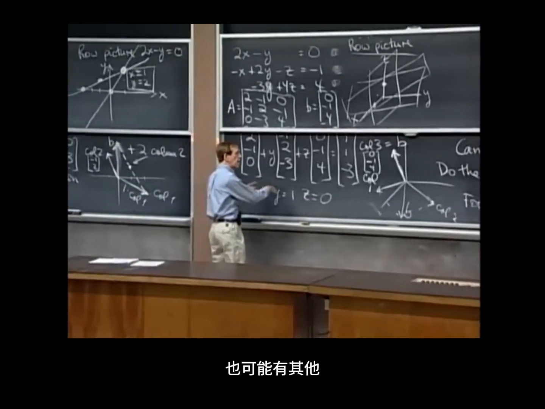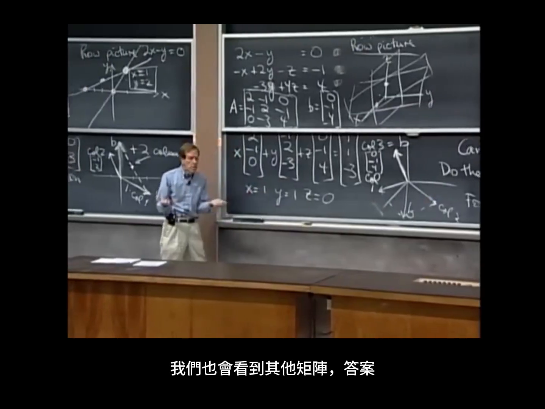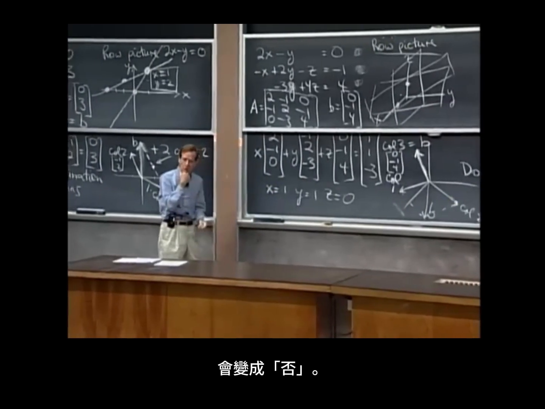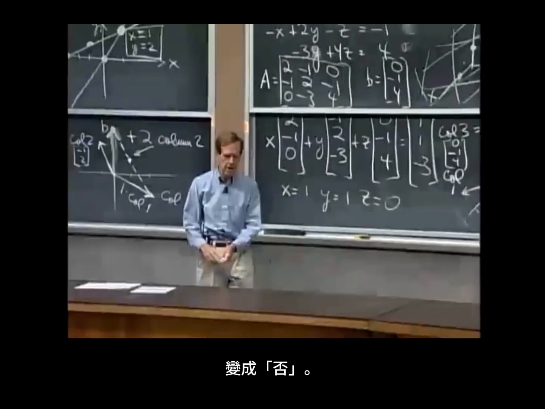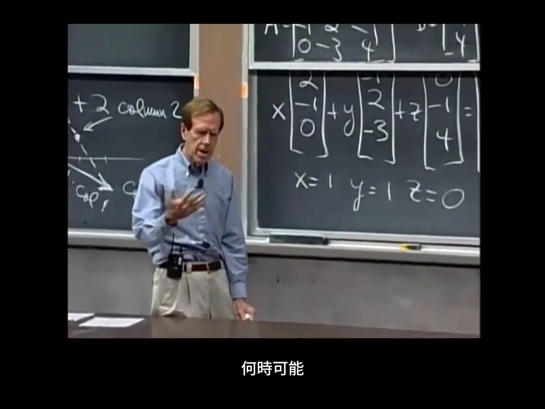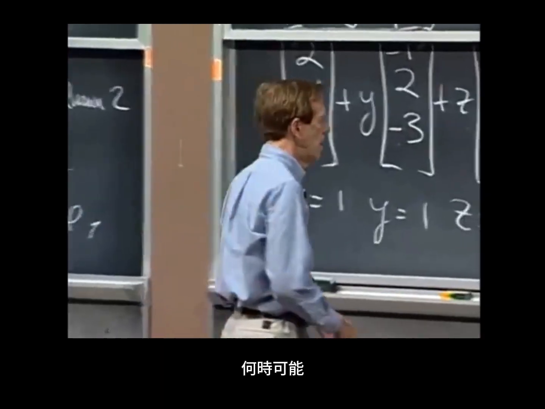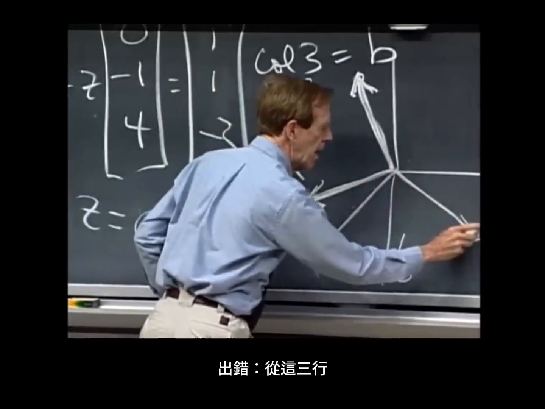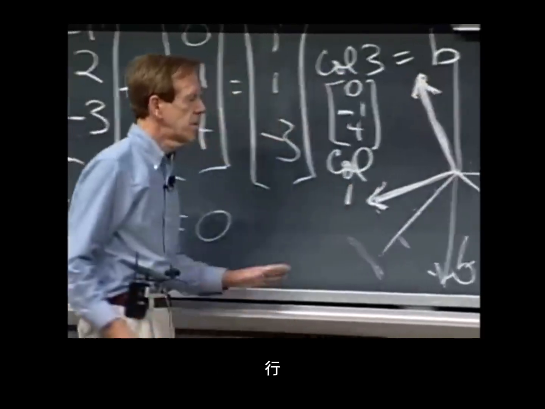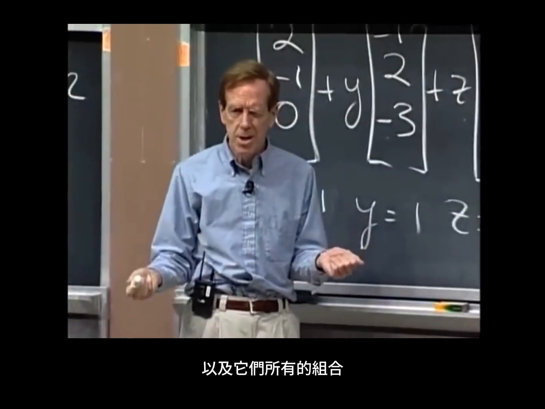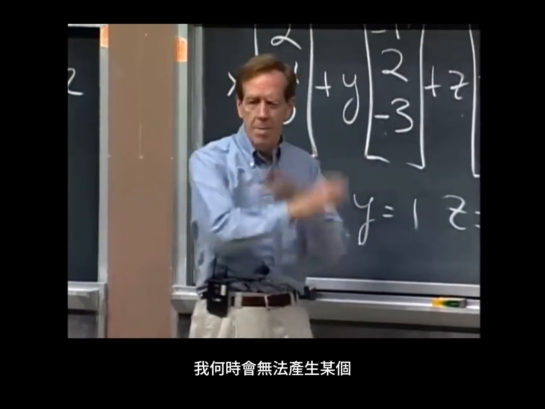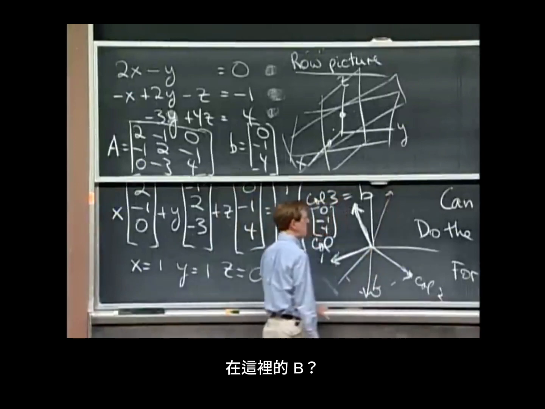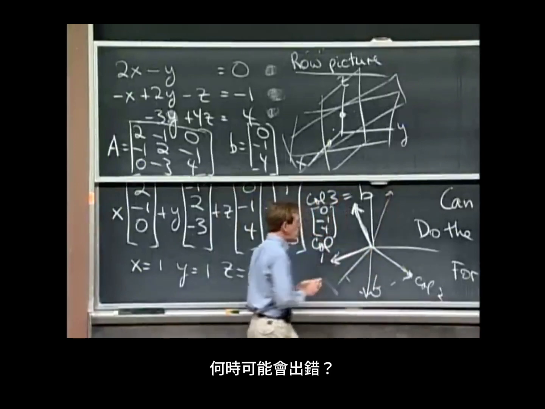There could be other matrices, and we will see them, where the answer becomes no. Oh, actually, you can see when it would become no. What could go wrong? Out of three columns and all their combinations, when would I not be able to produce some B off here?